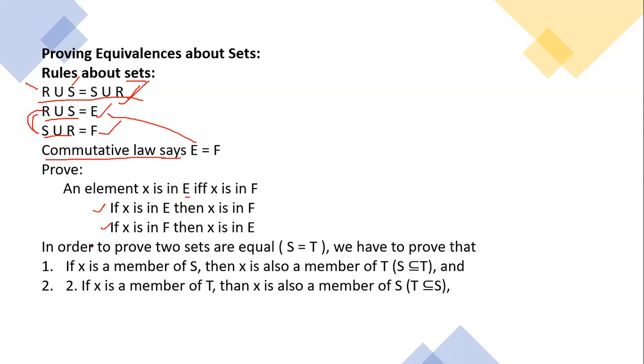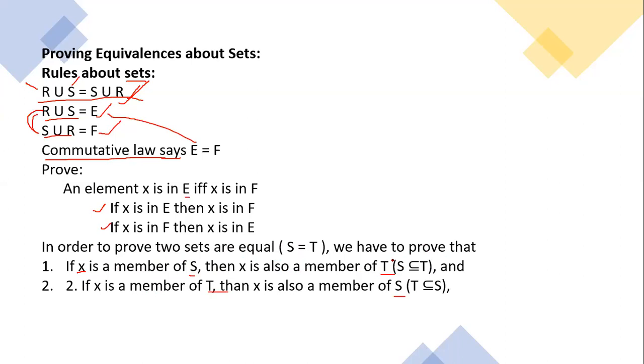How we can prove this? Just think how we can prove. In order to prove two sets are equal, we have to prove that if X, which is one of the elements, is a member of S, then X is also a member of T. Otherwise, if X is a member of T, then X is also a member of S. What is the meaning?